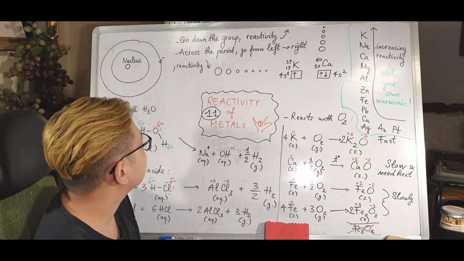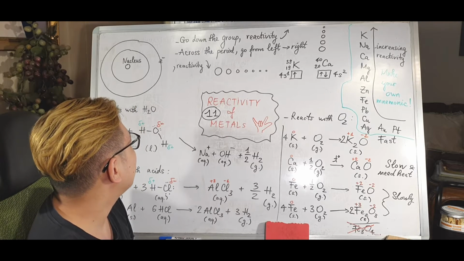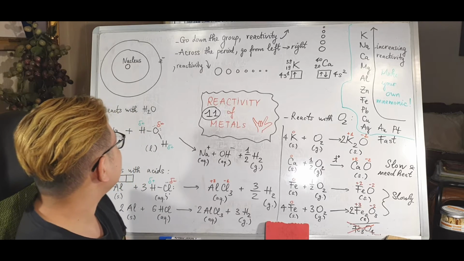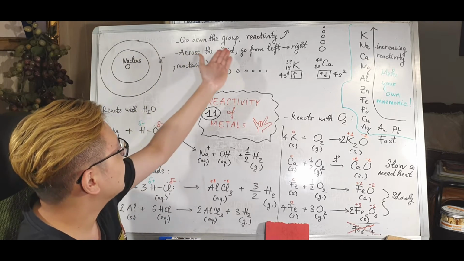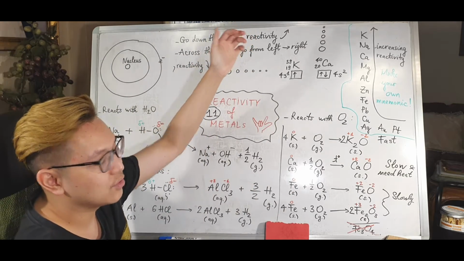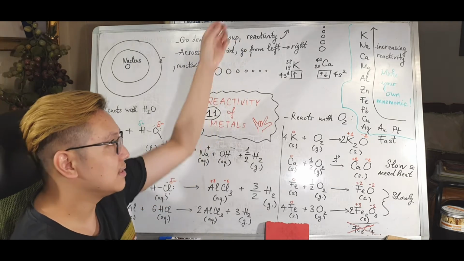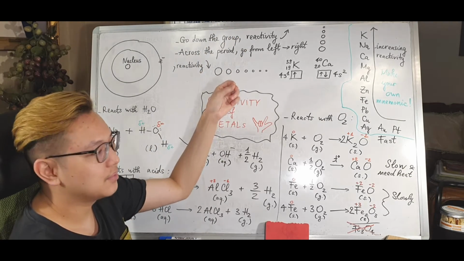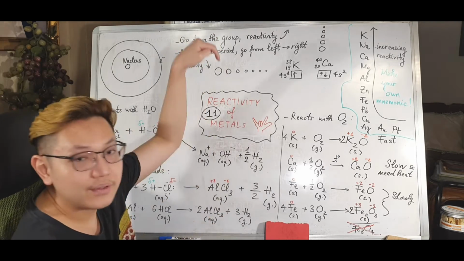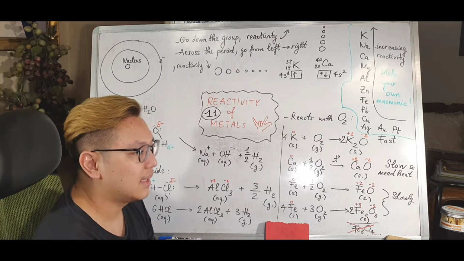Alright, so now let me go a little bit into the trends. So basically, when you go down the group on the periodic table, for example, if you go from group 1, lithium, sodium, potassium, rubidium, and so on, if you go down the group, the reactivity will increase greatly.